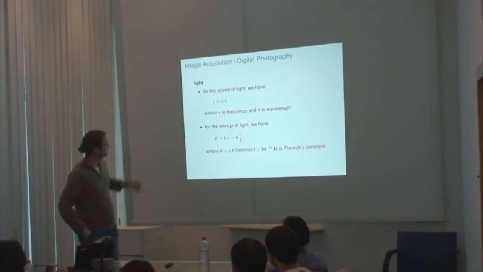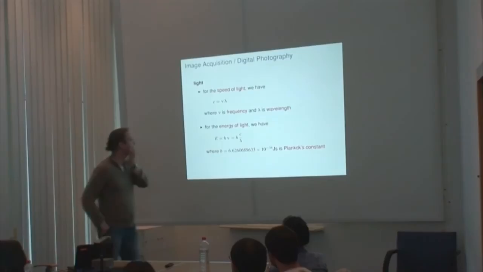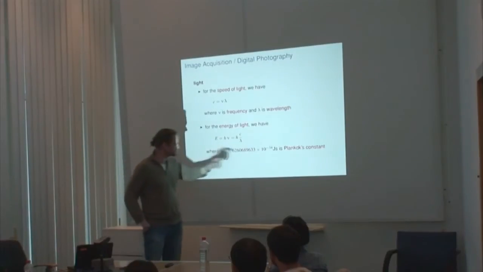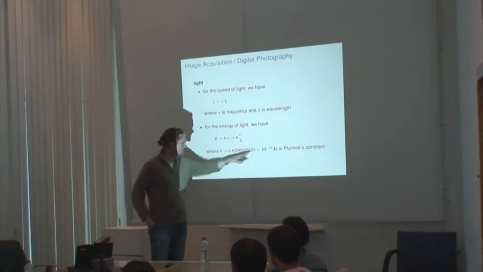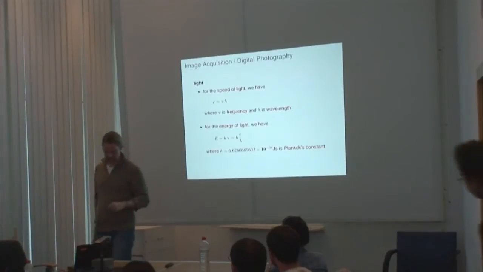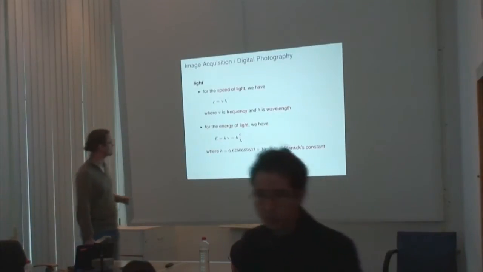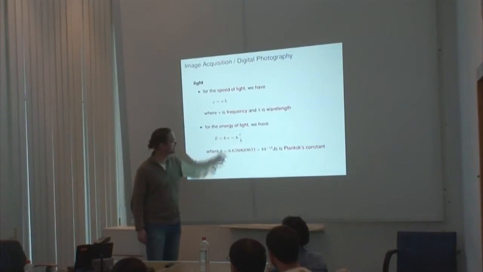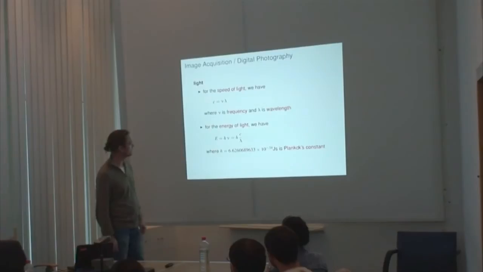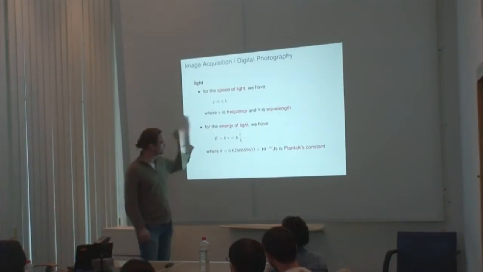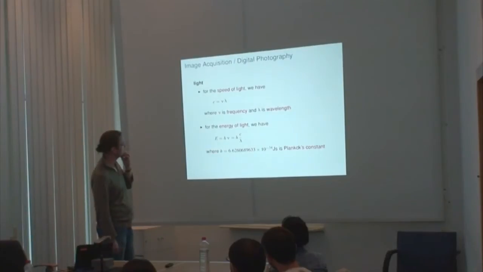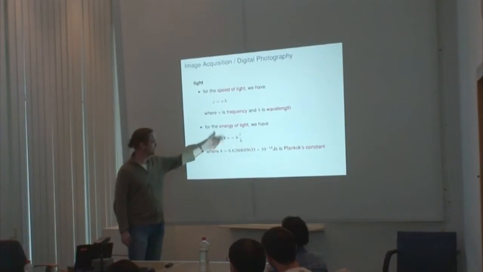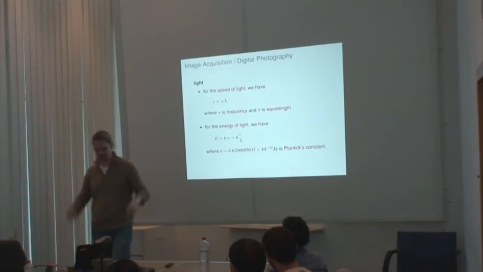Let's quickly verify if this equation makes sense. H has the physical unit joule times seconds. So here we have joule times seconds times meter over seconds times meter. Length is measured in meters. So the meters and seconds cancel out, and yes, indeed, this is energy in joules. So that equation makes sense.